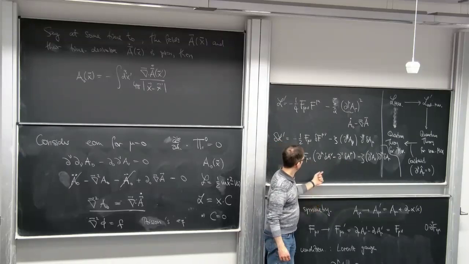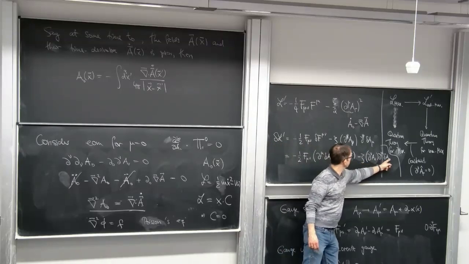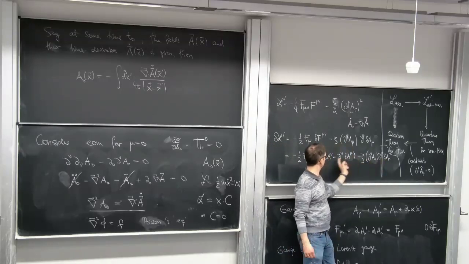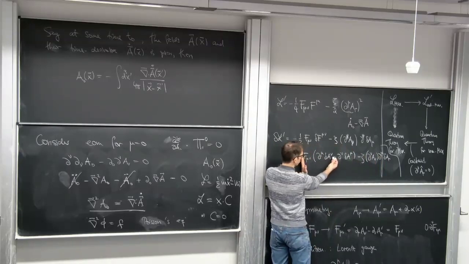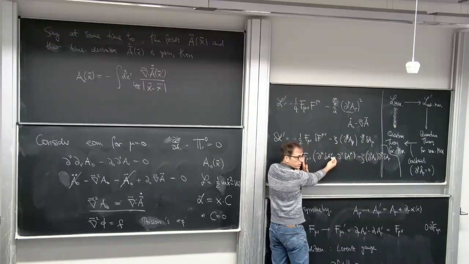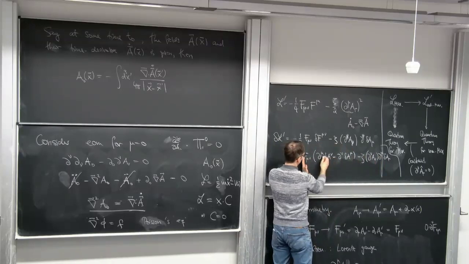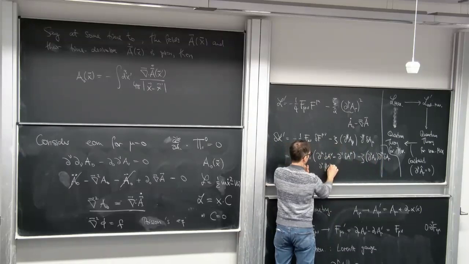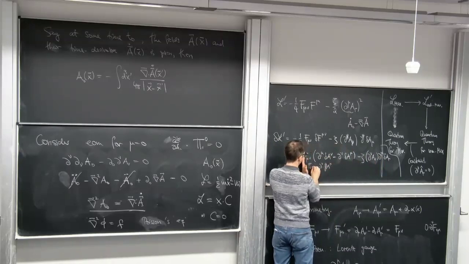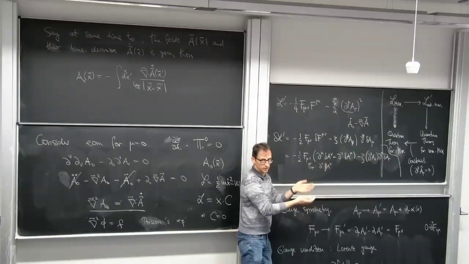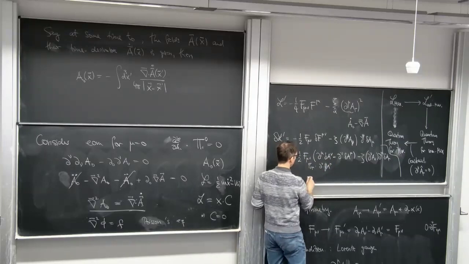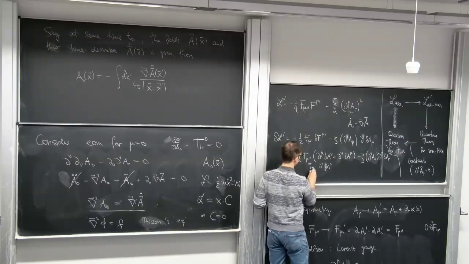Which one do you like better? Stay with the second, because this has an a mu and this has an a mu, so let's get rid of this one. So in this first term, I relabel mu and nu. I label mu and mu, which then gives me here this thing and here this thing. So now the second line is the same as the first line, just with the dummy labeled, this is relabeled.